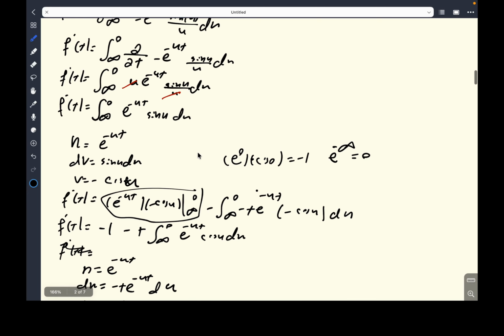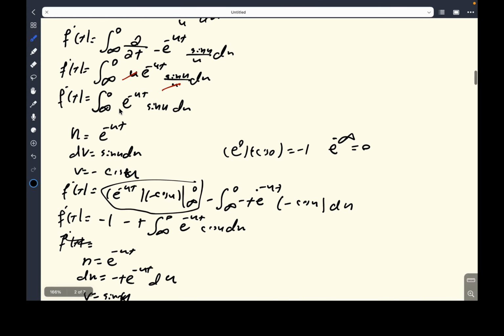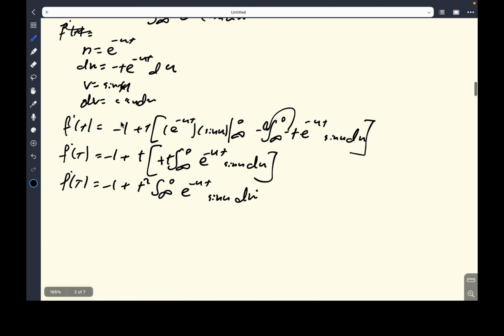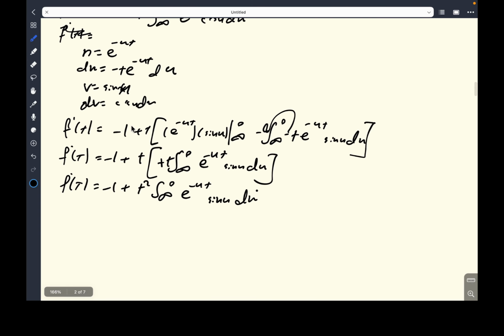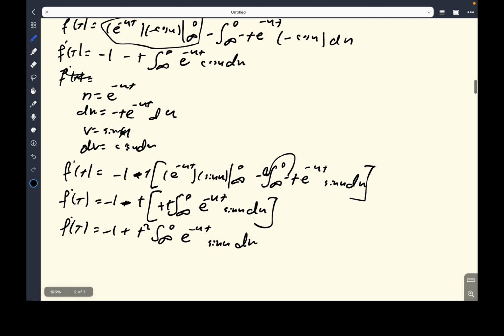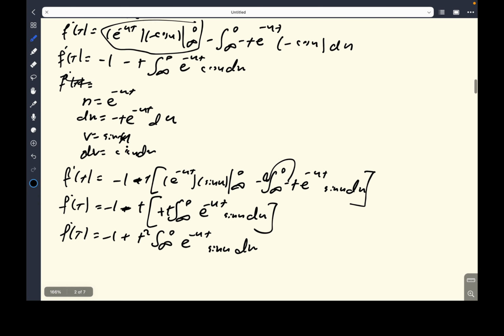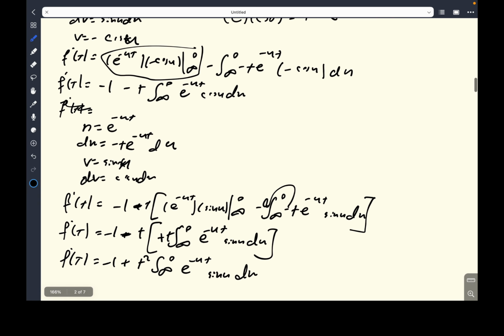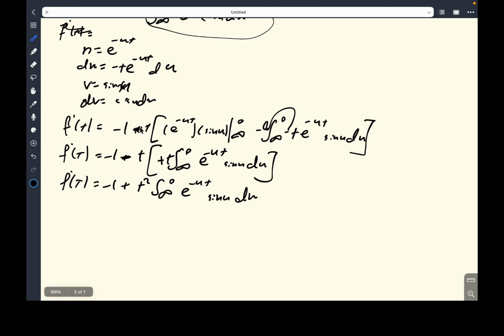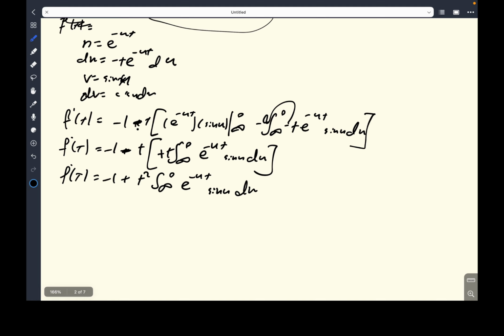Here, this should have been negative. I forgot a negative sign, because here we had negative t multiplied by this integral, so minus t multiplied by this whole thing, and yes, it's minus t squared.